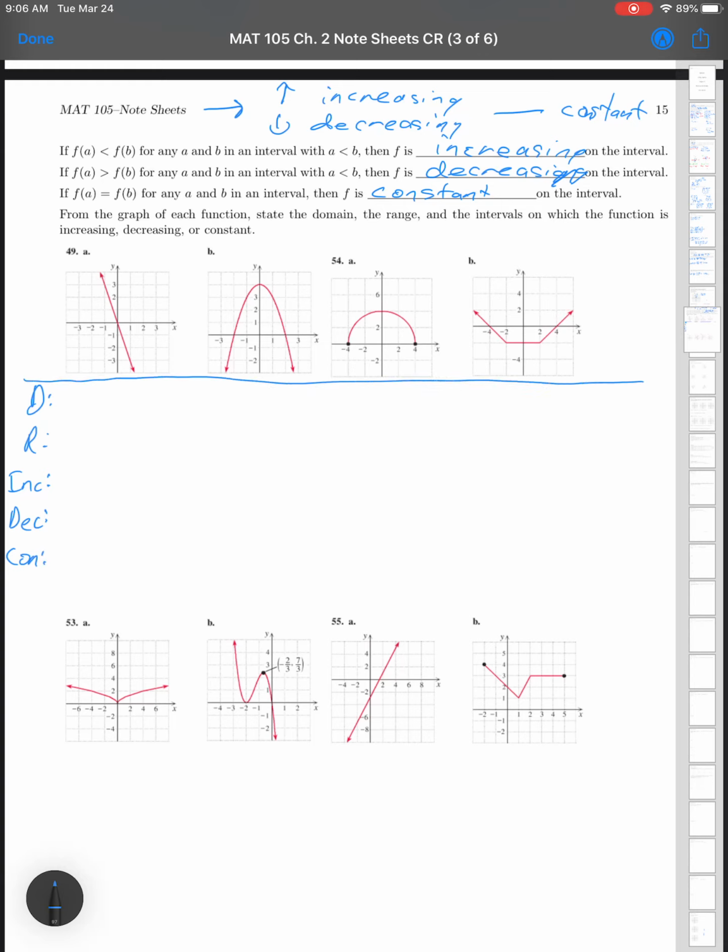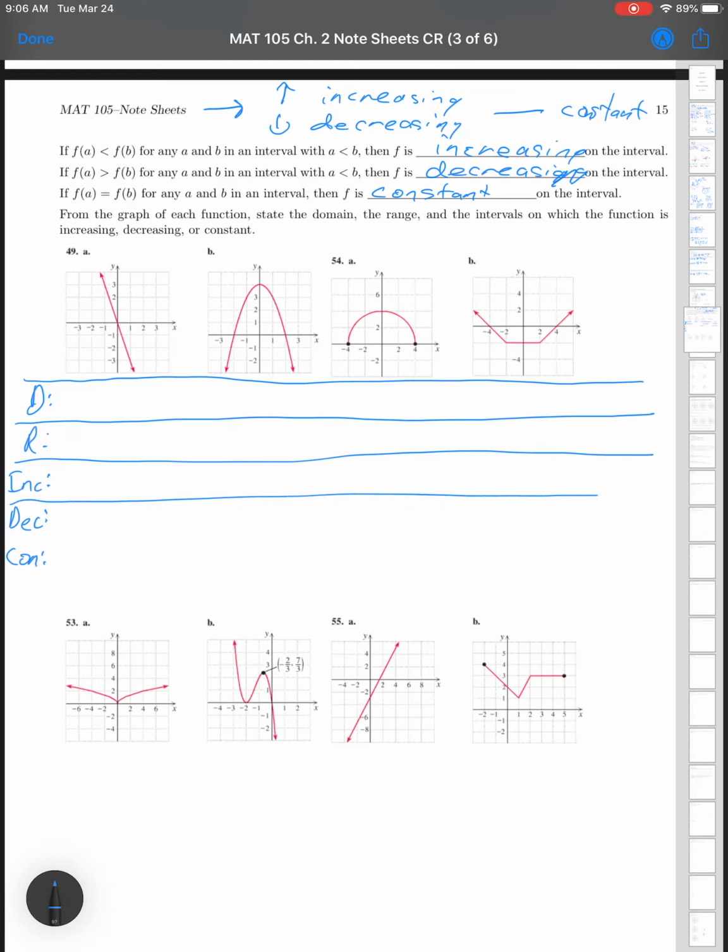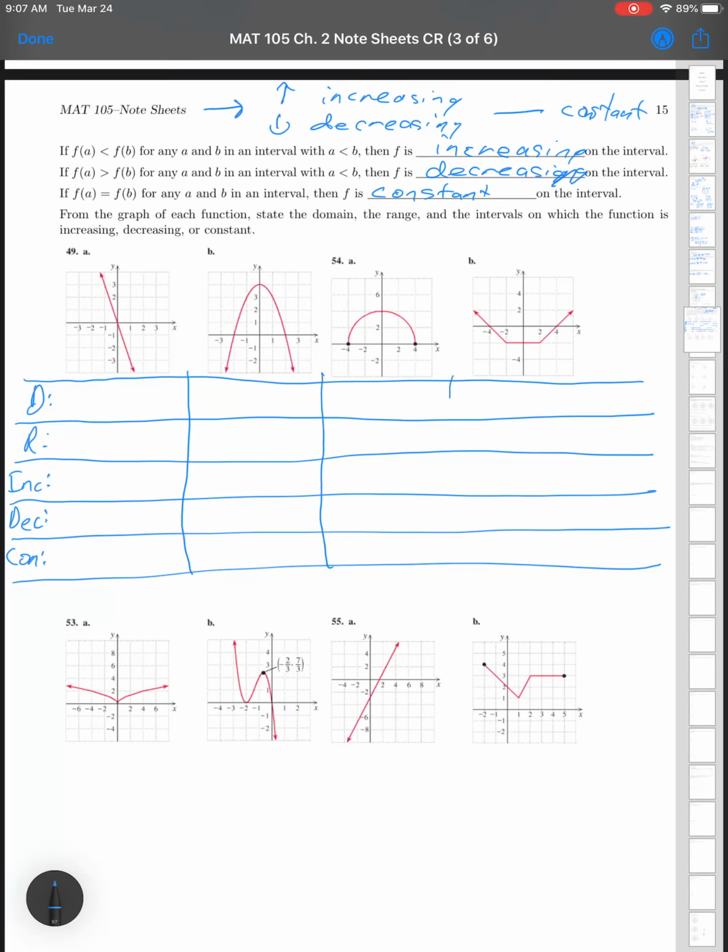So let's just go ahead and make a little chart here for each one of these. Let's see how that goes.